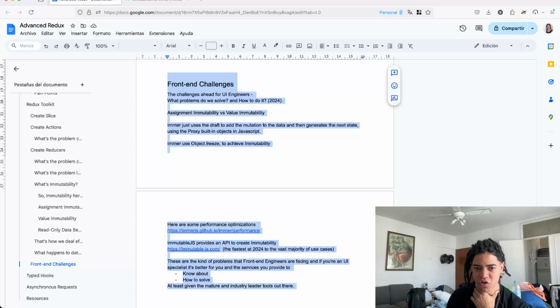So this new state must be different in memory, but their values must be the same. Exactly. You're creating a copy of that. Redux Toolkit.